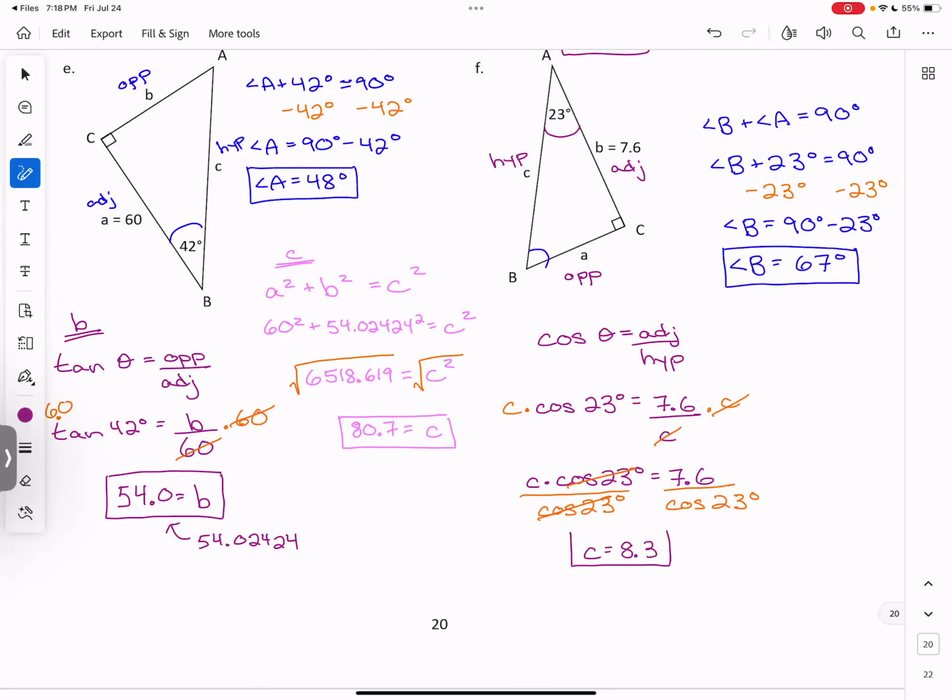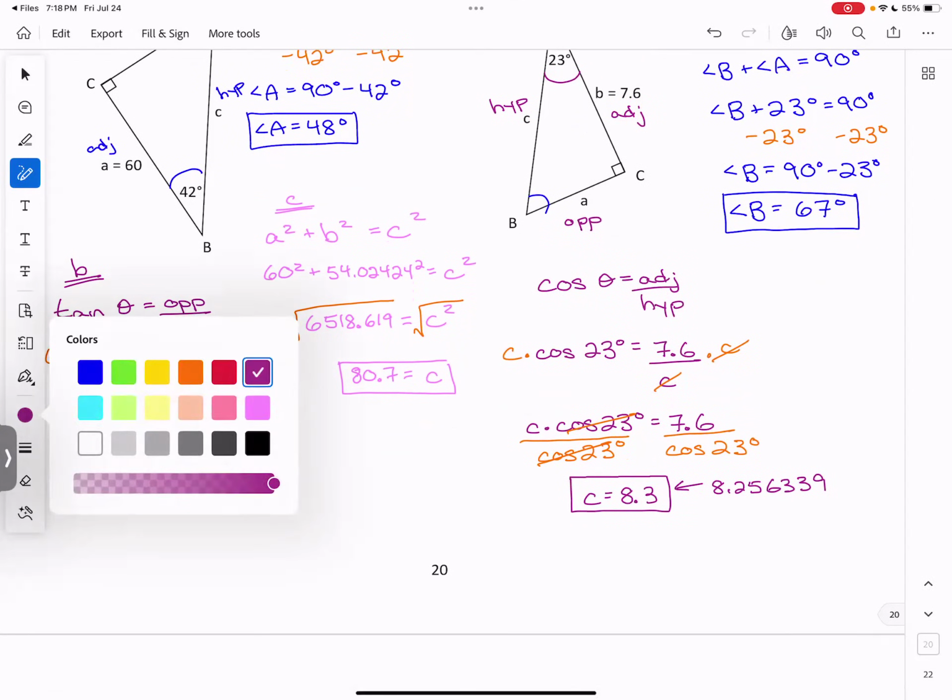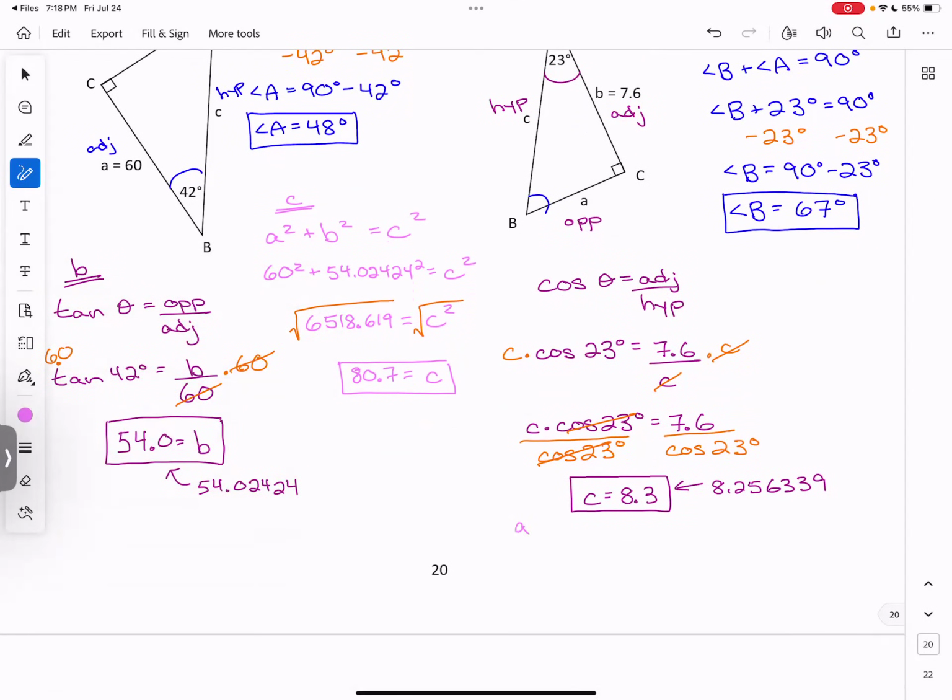Okay, now because I'm going to use that answer in a downstream application, either save that on your calculator or write yourself out more decimal places. Because the last thing we want is little a. And so to do little a, I'm going to use Pythagorean theorem.